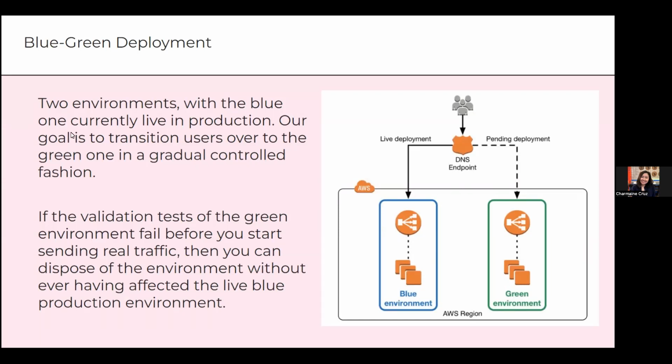So we have two environments, with the blue one currently live in production. Our goal is to transition users over to the green one in a gradually controlled fashion. And if the validation test on the green environment fails before you start sending traffic, you can dispose of the environment without ever having affected the production or the blue environment.